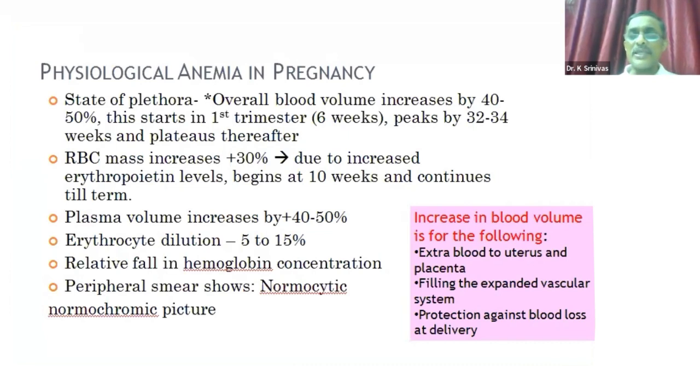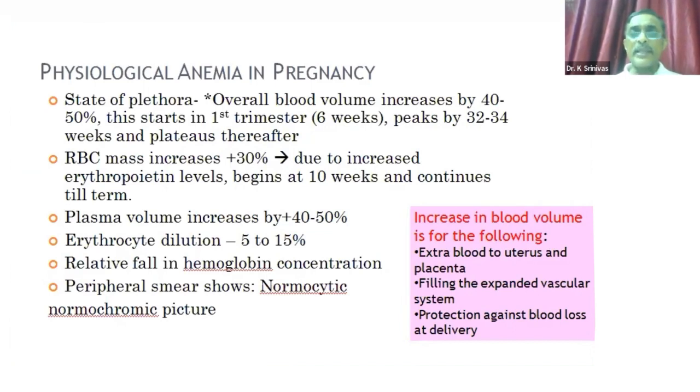This dilution eases the circulation, actually keeps the blood volume good, and it is in fact a protective mechanism for the whole of pregnancy. It has to occur. So we don't make any attempt to correct or prevent this. Thus, this is called physiological anemia of pregnancy. It has to happen. Hope you understand this concept.